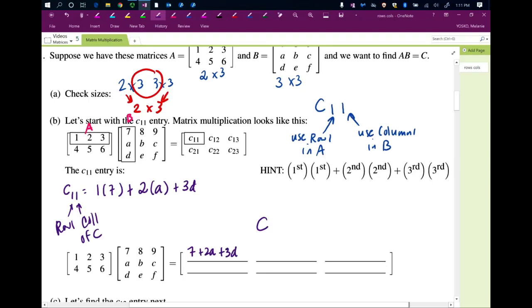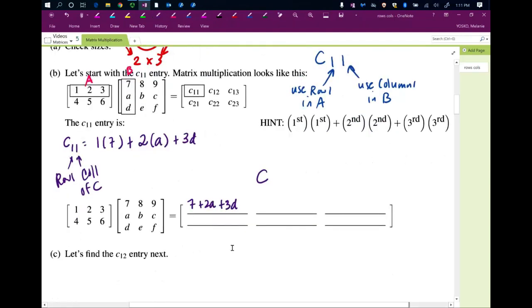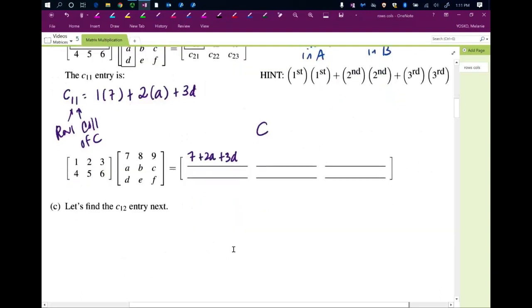You can really do this in any order you want. We're going to go ahead and do the C12 entry next. So the C12 entry means row 1 in A, but this 2 back here means column 2 in B, like this. And we're going to do it again, first times first plus second times second plus third times third.